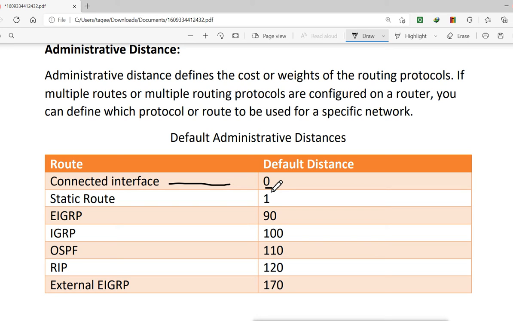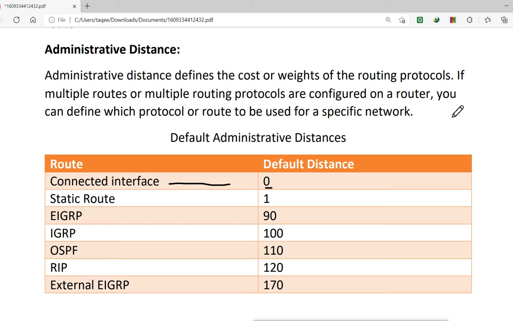This is fixed. Connected network, that means if you have this router and we have two interfaces, one is our LAN interface, one is our WAN interface. So we have one network here in the LAN interface, and one network here in the WAN interface. Now whatever the network we have on both sides, they are connected networks.